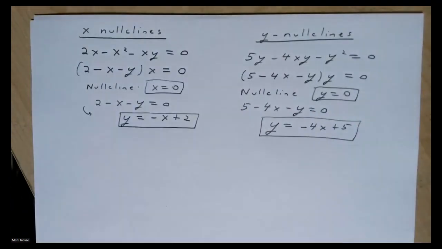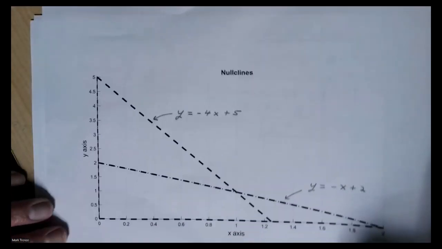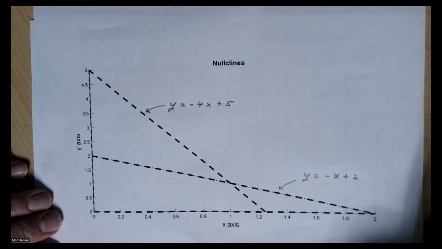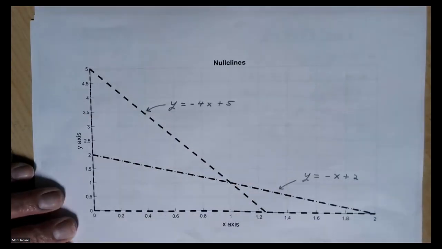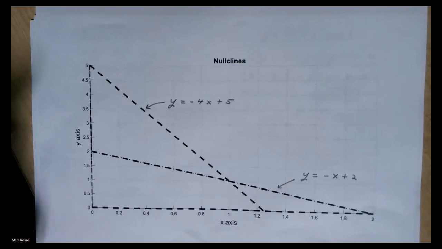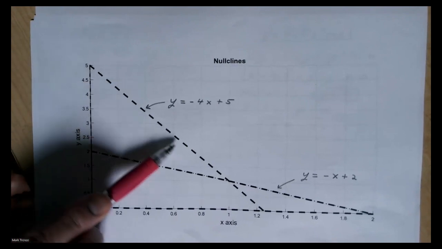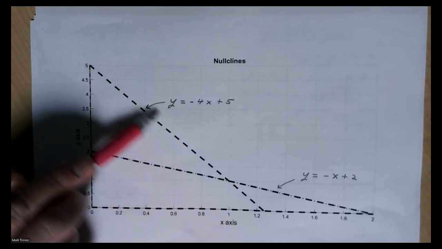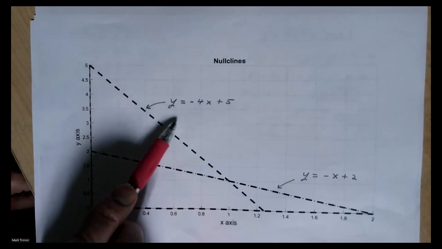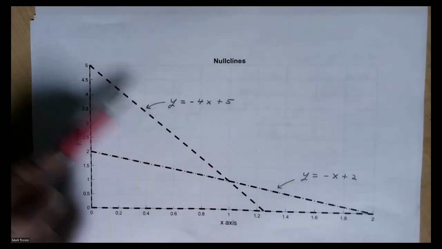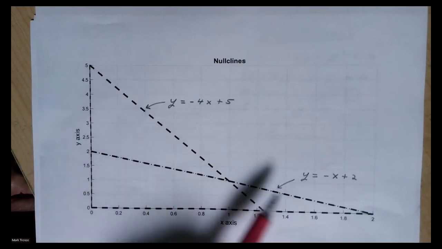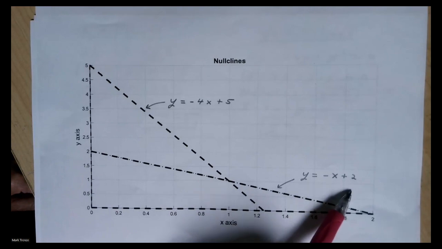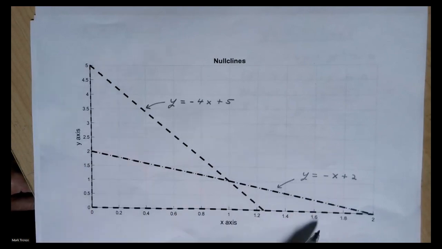You can plot them however you like, or you could just draw them, but it looks a little neater that way. I also stretched out the x-axis so I could fill up the page. In any case, I drew this one, y equals minus 4x plus 5, and then this one here, y equals minus x plus 2.